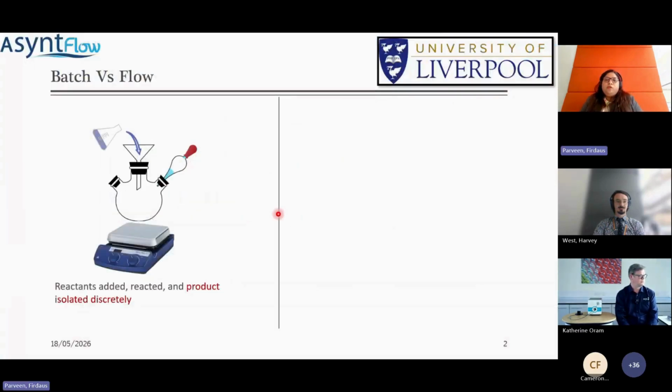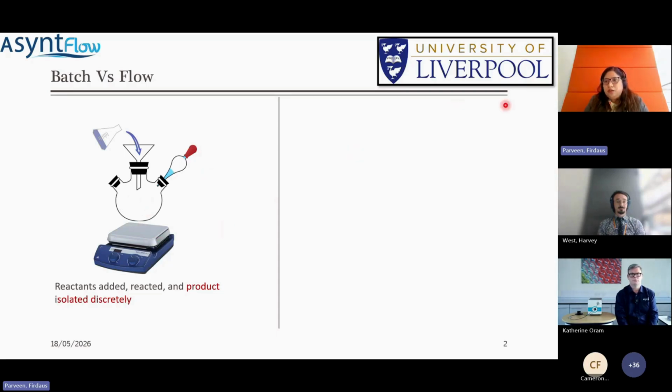So moving forward, I will talk about what are the differences between batch and flow. We have talked a lot about flow, but I would like to give a brief introduction about batch and flow. So in batch setups, reactants are added and they are allowed to react for a set period of time, and products are isolated discretely.